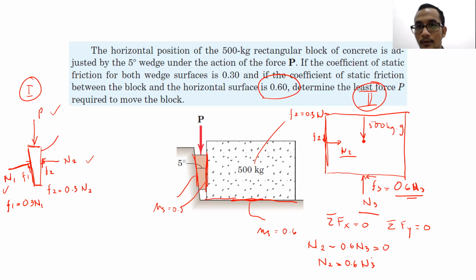Then using sigma Fy equal to 0, if I assume that g is equal to 10, then the weight here is 5,000 Newton.